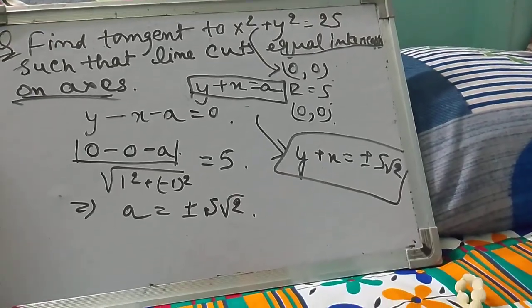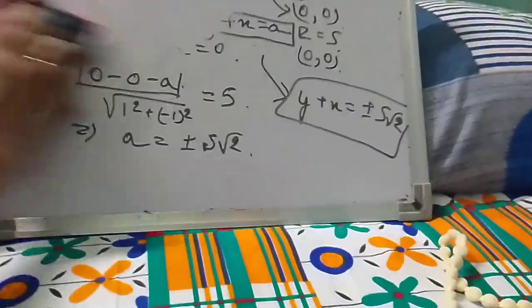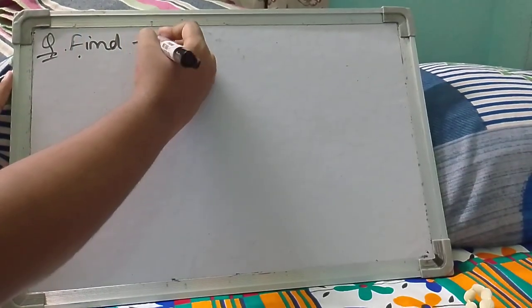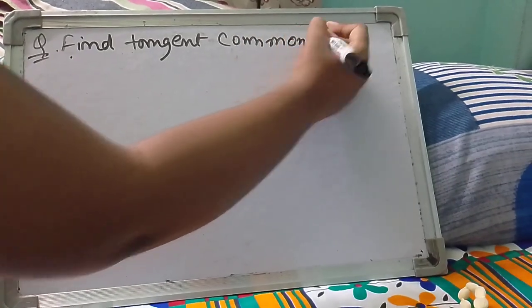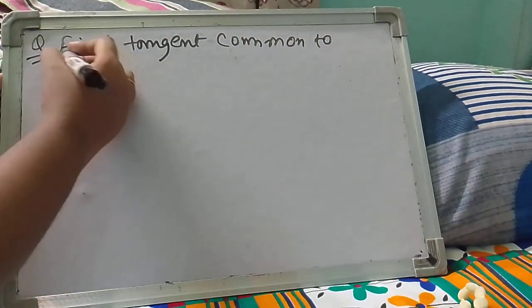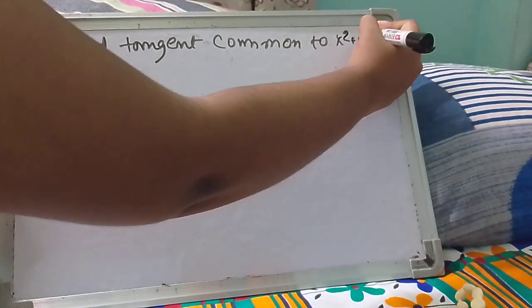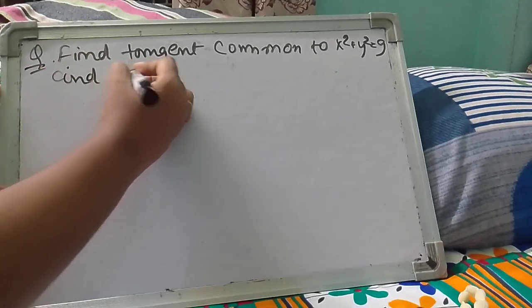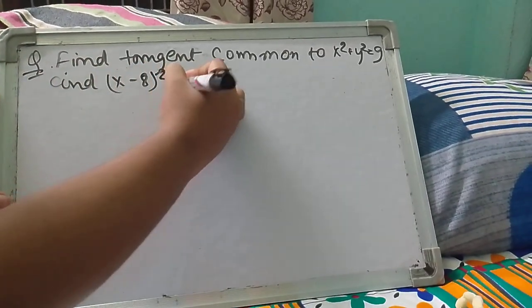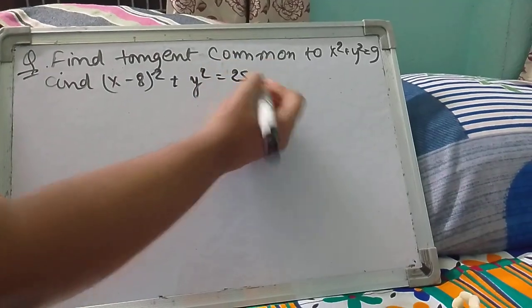Now let's solve our next question. It is said to find the tangent common to x square plus y square equals 9 and (x minus 8) square plus y square equals 25.